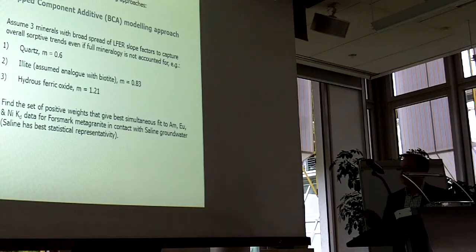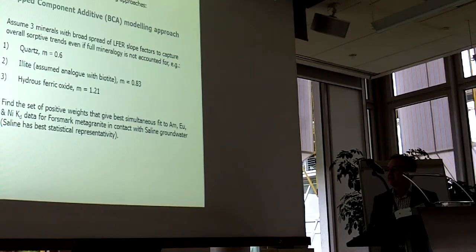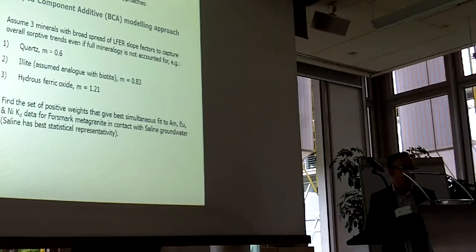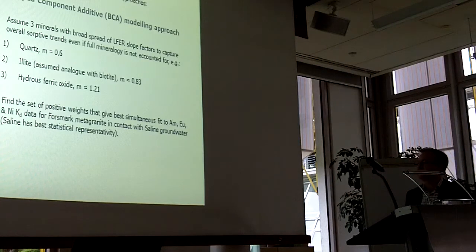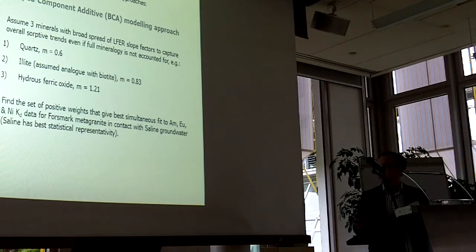So the procedure I've adopted is to attempt to find a set of positive weights that will give the best simultaneous fit to americium, europium, and nickel KD data for the Forsmark metagranite in contact with the saline groundwater. And I only chose the saline groundwater. Well, actually, there were 2 reasons. First was that it had the best statistical representativity.